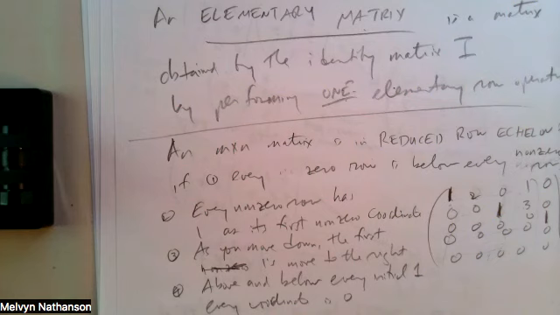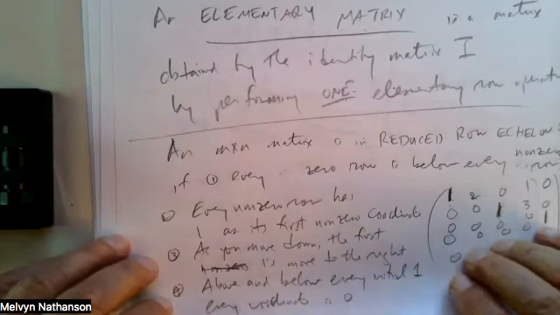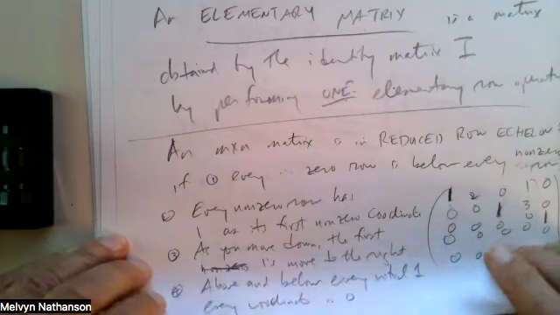Any questions about this? So these are a whole series of new concepts to understand. Now, elementary matrices and reduced row echelon form matrices come up in many, many different contexts.